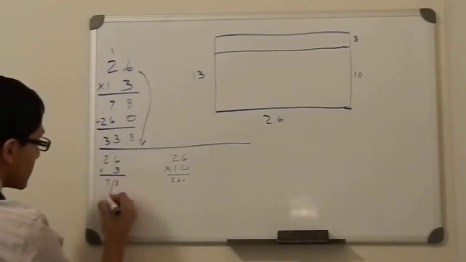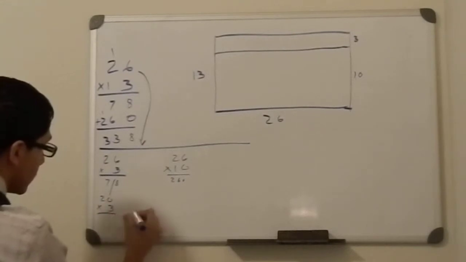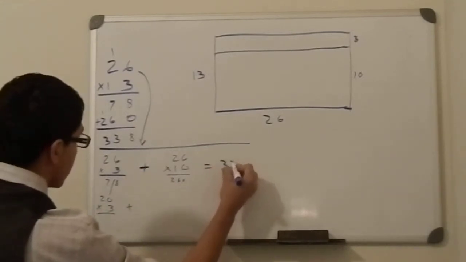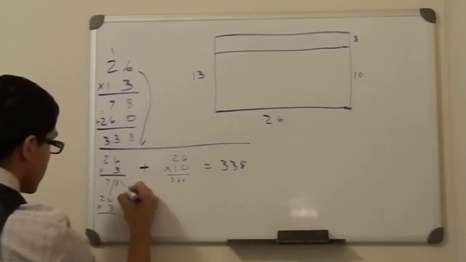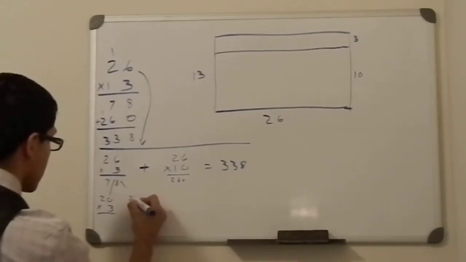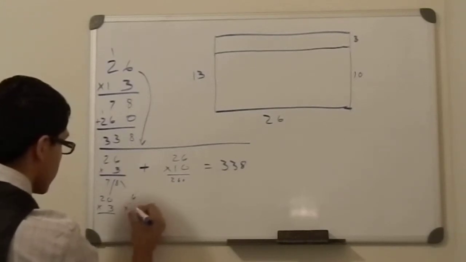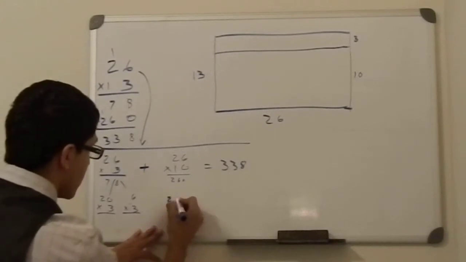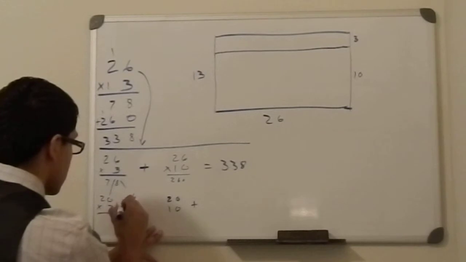So what we do is do 20 times 3 plus 6 times 3, and then we break this down as well. 20 times 10 plus 6 times 10.